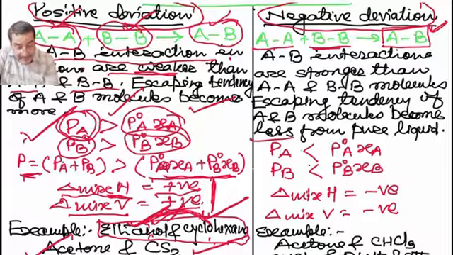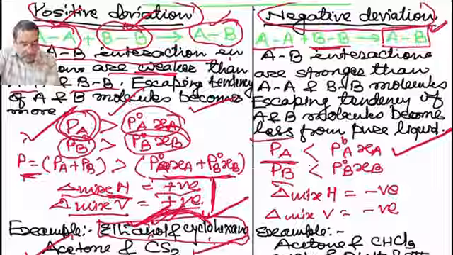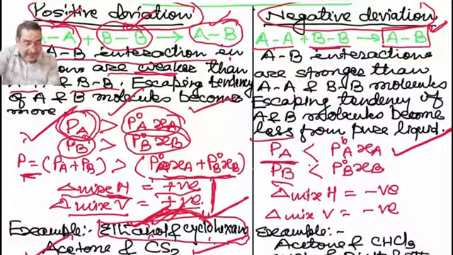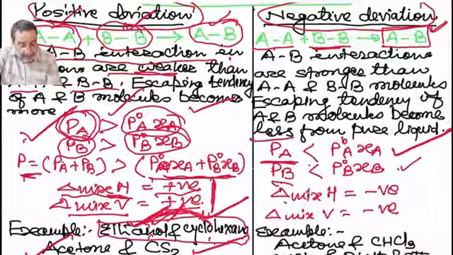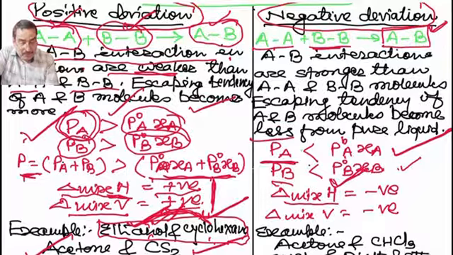In that condition, PA is less than P naught A XA, PB is less than P naught B XB, and the total pressure is again less than P naught A XA plus P naught B XB. Here delta H mixing, the enthalpy change by mixing of the components, is negative, and delta V, the volume change, is negative.